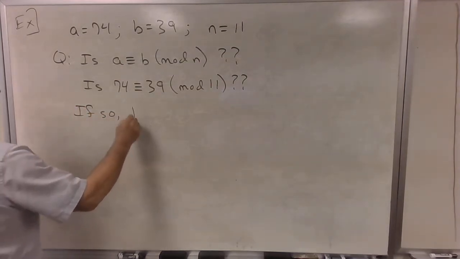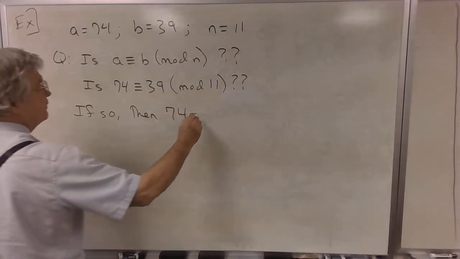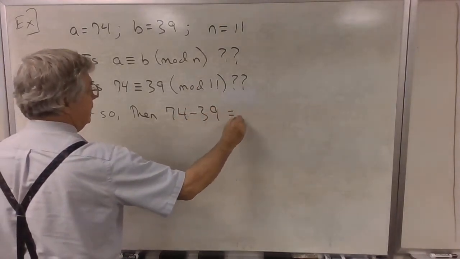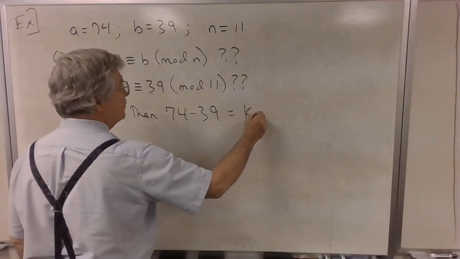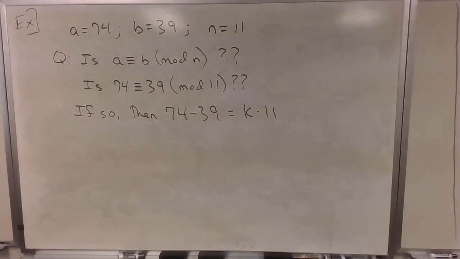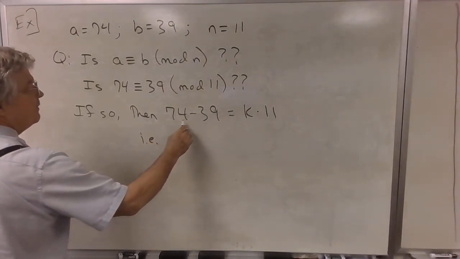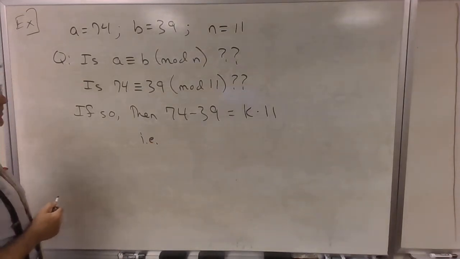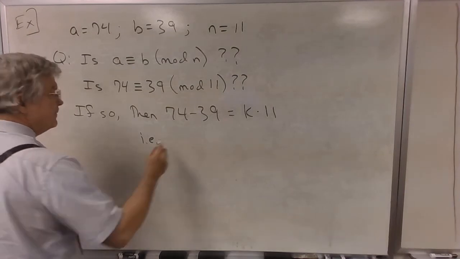If they are, then their difference is equal to some whole number multiple of 11. 74 minus 39, what is that? 35?